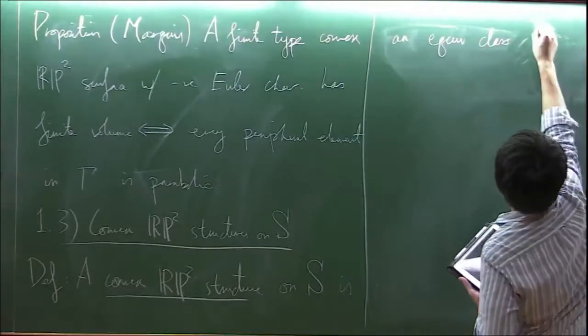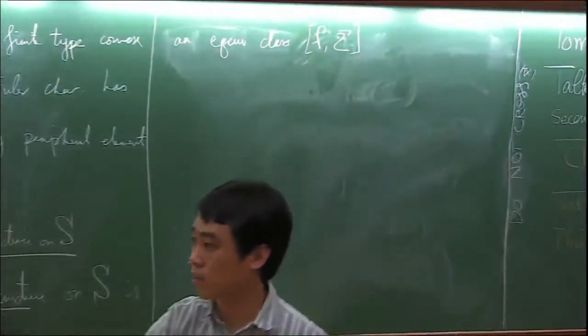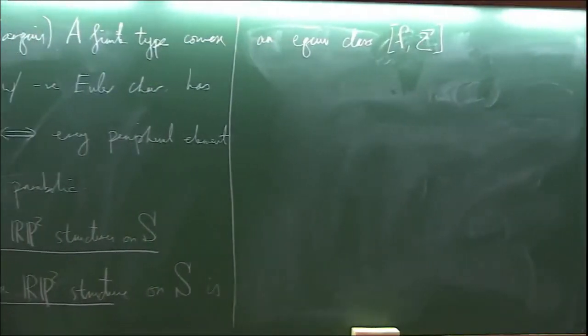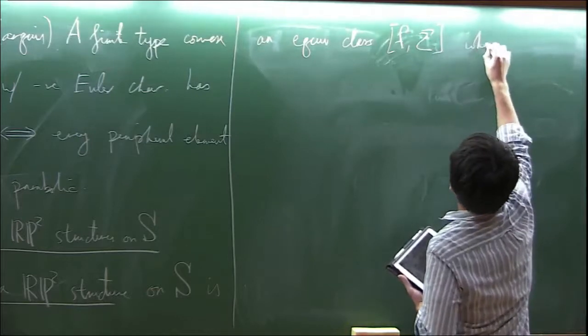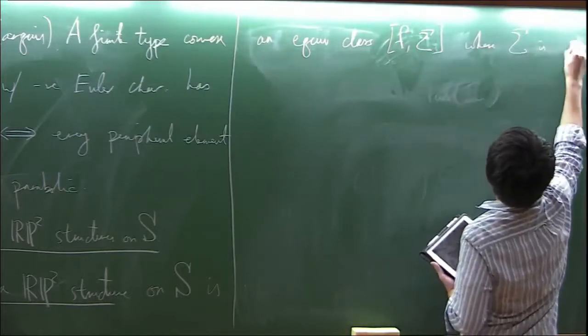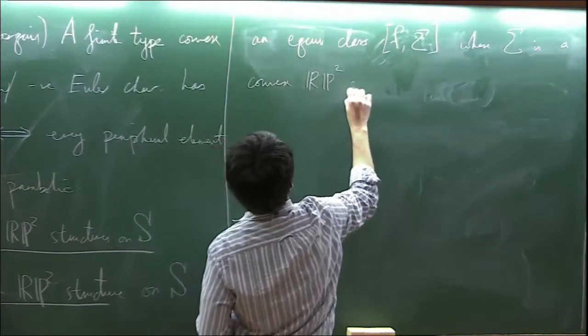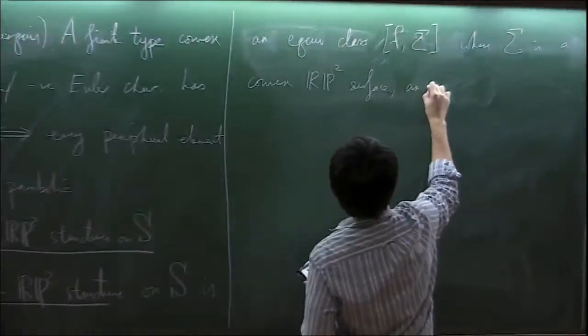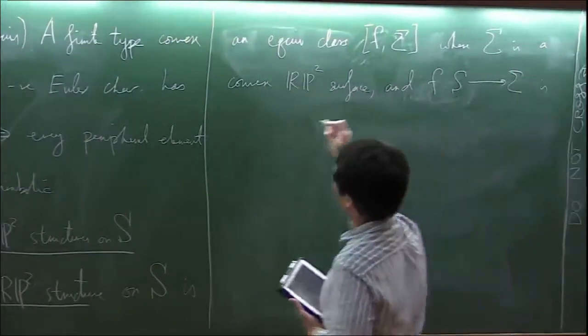Let me give the equivalence class a name, F sigma. Yes, this quotient volume, that's right. Okay, so a convex RP2 structure on S is an equivalence class F sigma, where sigma is a convex RP2 surface, and F from S to sigma is a homeomorphism.